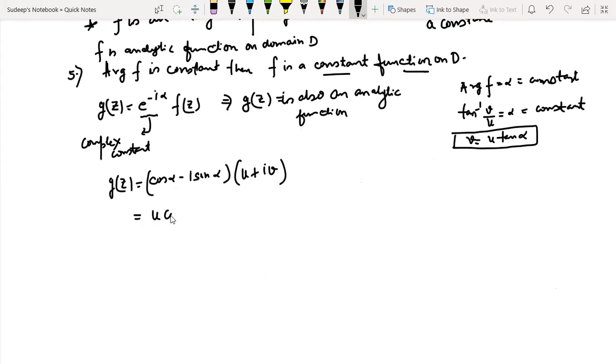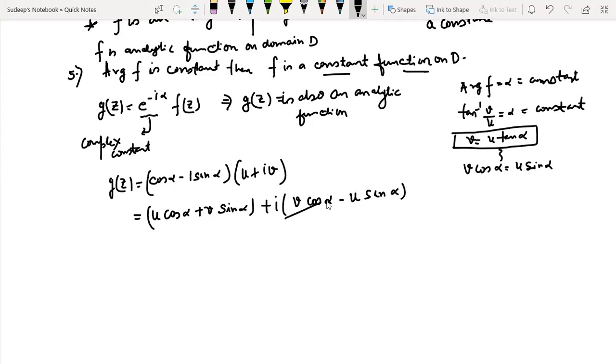You get u cos alpha plus iota iota, this is minus iota square, so this is plus v sin alpha, plus, take iota common out, you get v cos alpha minus u sin alpha. And we already know what that is. v is equal to u tan alpha, which implies v cos alpha is equal to u sin alpha. So these two terms are the same thing.